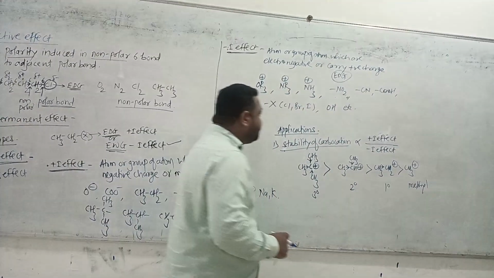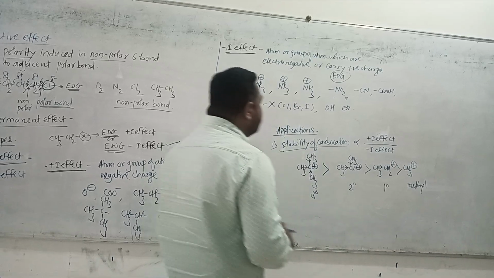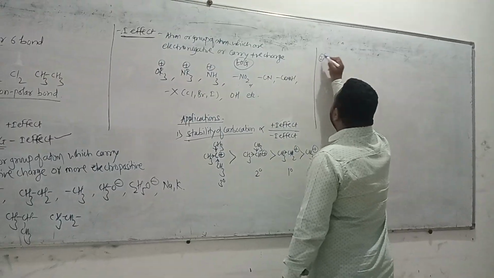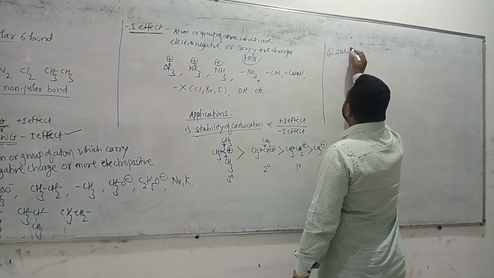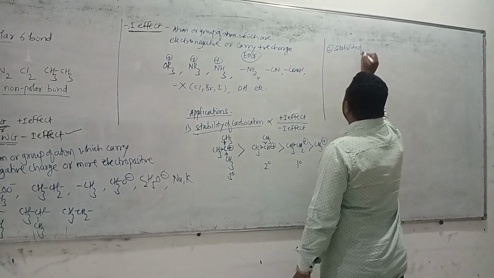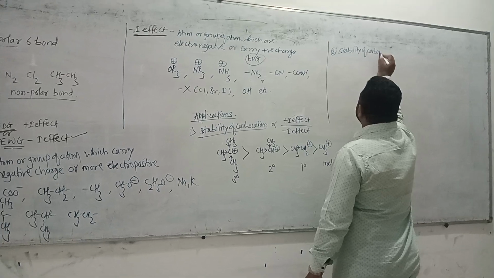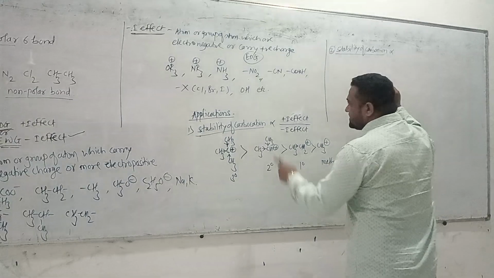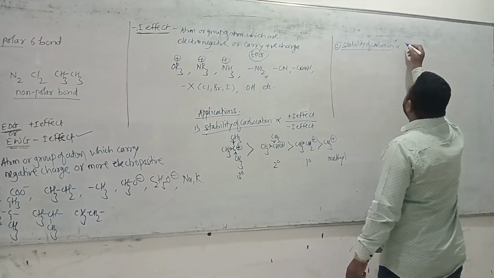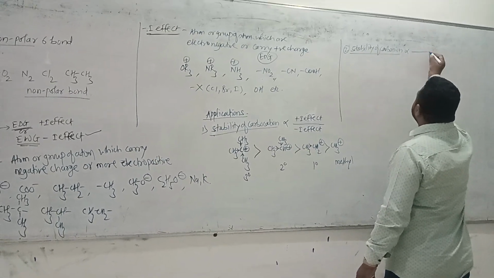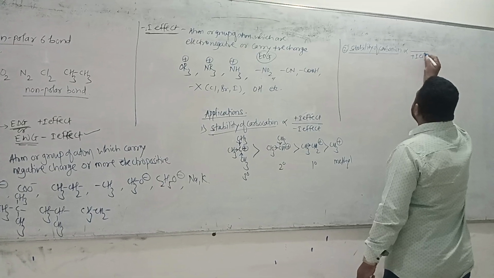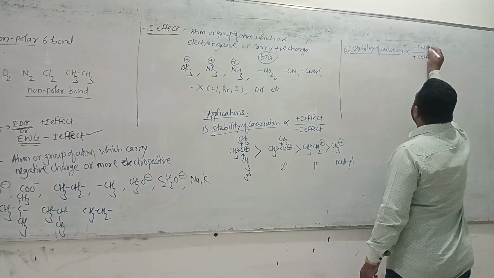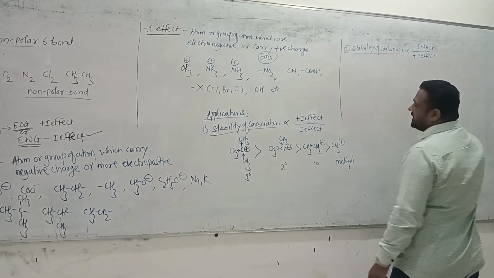Then the next application: stability of carbanion. Stability of carbanion is inversely proportional to plus effect and directly proportional to the minus effect.